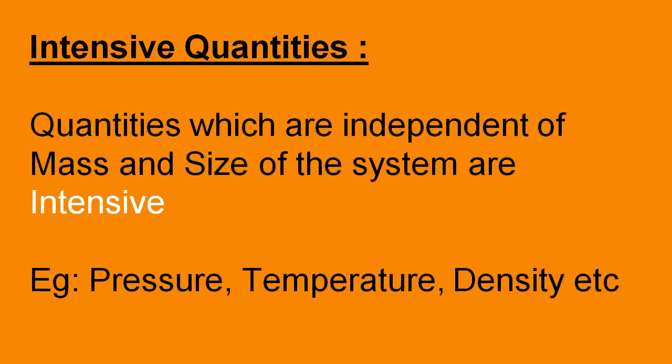But what actually happened is the size has increased. That is why we are incorporating the term size in addition to mass. So quantities that depend on mass and size are extensive, independent of mass and size are intensive.